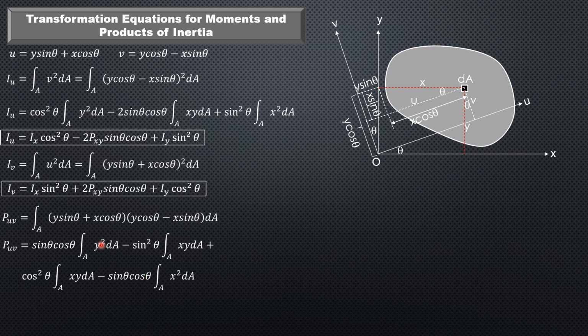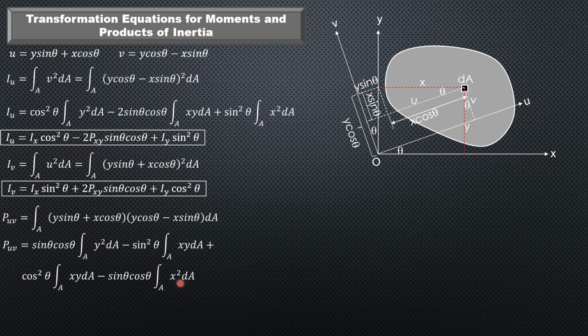So we note that this is Ix, this is the product of inertia with respect to the xy axis, this is the product of inertia with respect to the xy axis, and this is I sub y.